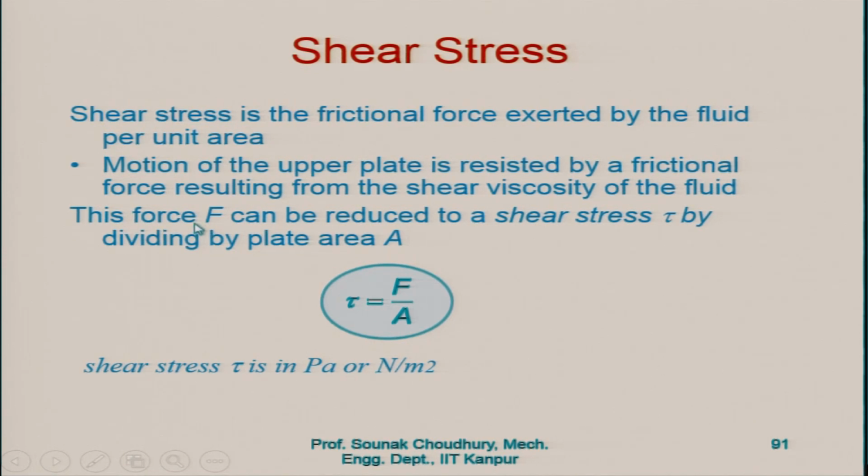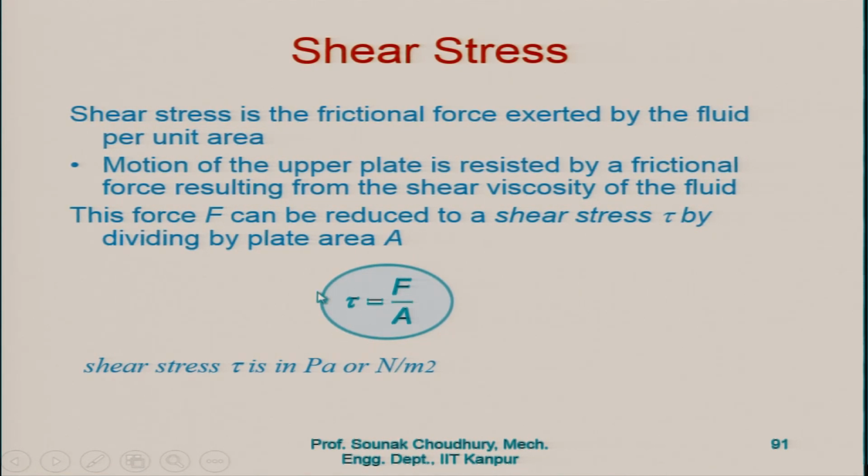This force F can be reduced to a shear stress, let us say tau, by dividing by the plate area A. In that case, F divided by A will be equal to the shear stress.